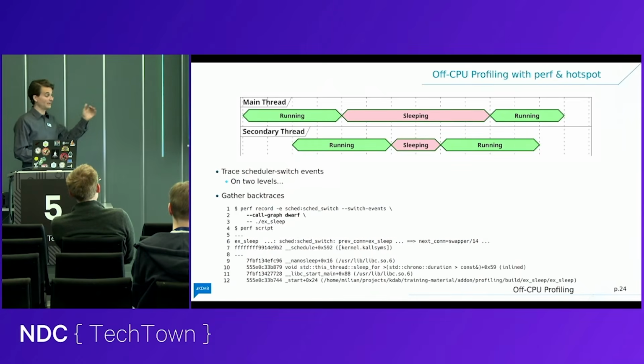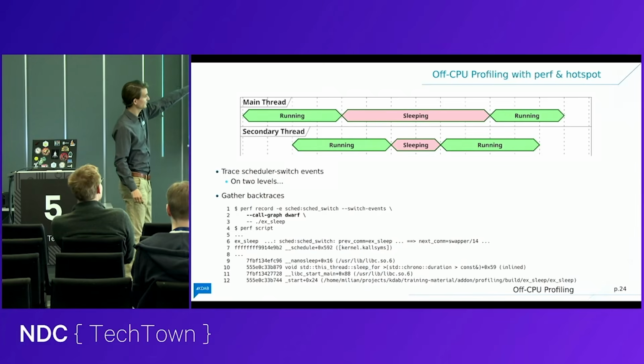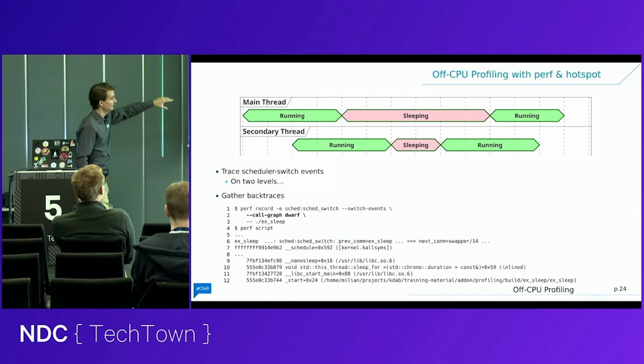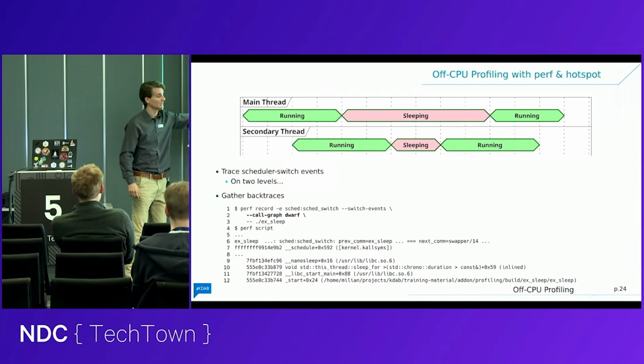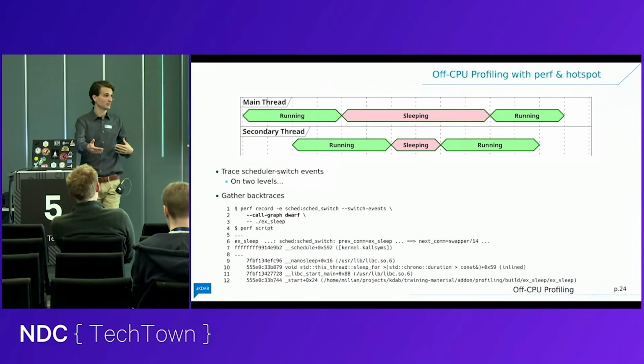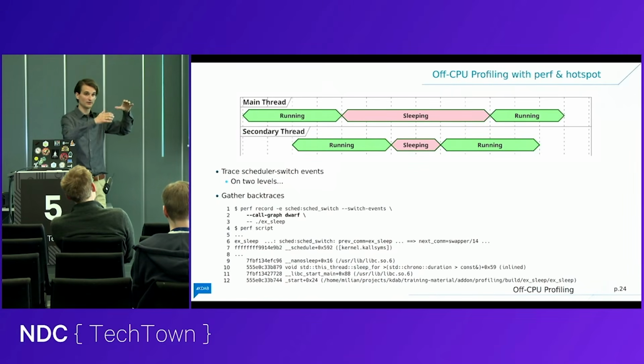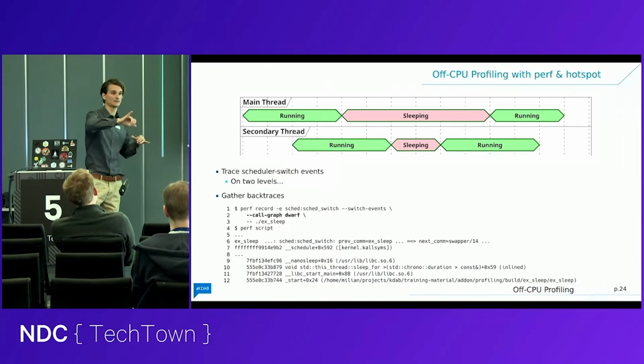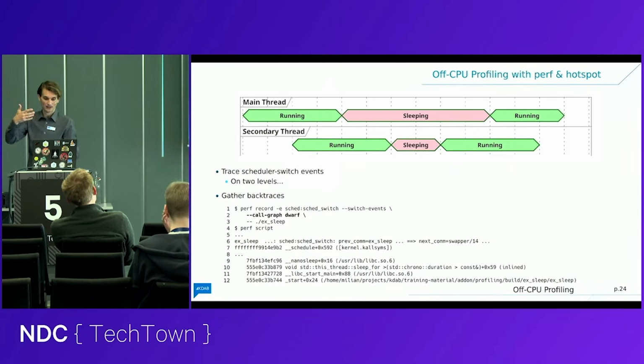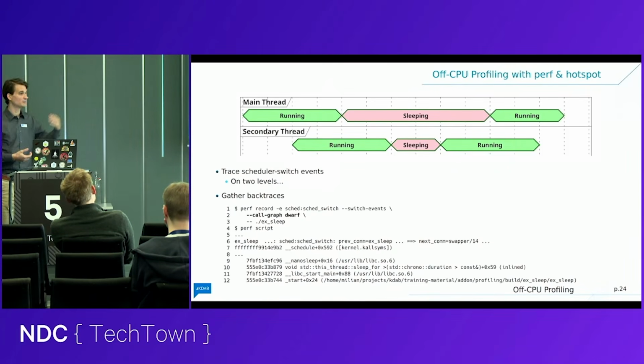And when we say --call-graph dwarf, we actually get for the first time, for the scheduler switch event, the backtrace when this is happening. For example, because we entered a nanosleep, right? So being able to look at the call graph for a switch event allows us to semantically annotate why we are sleeping, be it preemption, be it, I don't know, a page fault, a serial I/O operation, network polling, you name it.